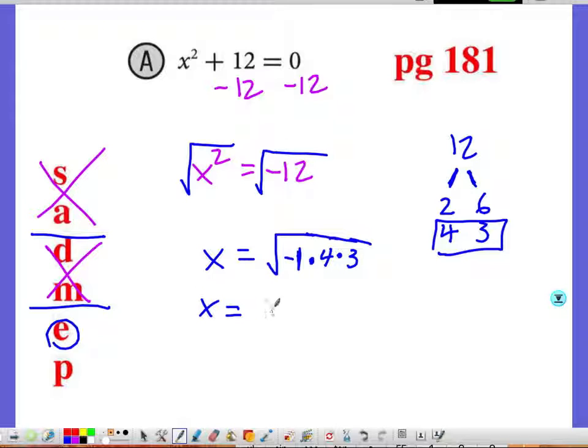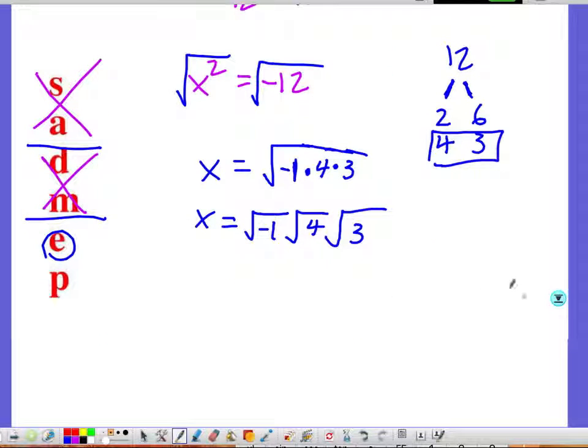So since I have 3 factors, I'm going to have 3 square roots, one for each factor. So here we have negative 1, here we have 4, and here we have 3. So all I have to do now is simplify each of these. The square root of negative 1, well, we just learned that. That's going to be i. Square root of 4, that's a perfect square, which is 2.